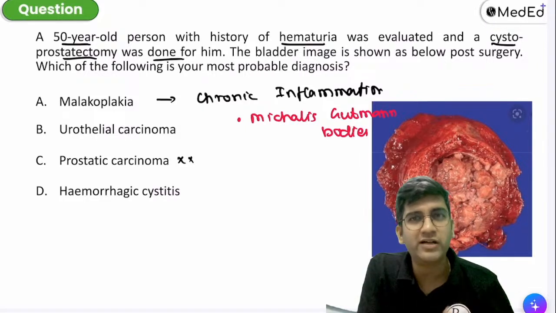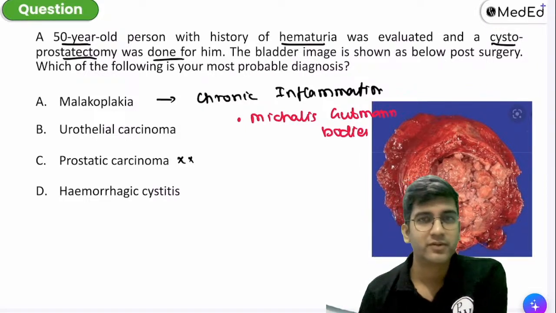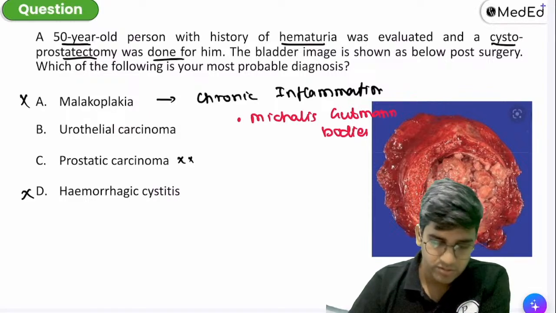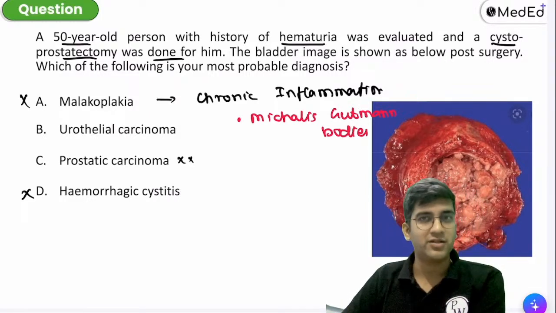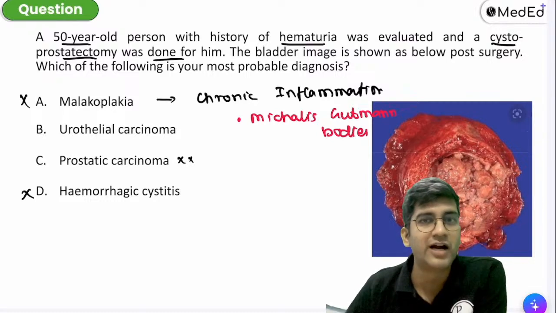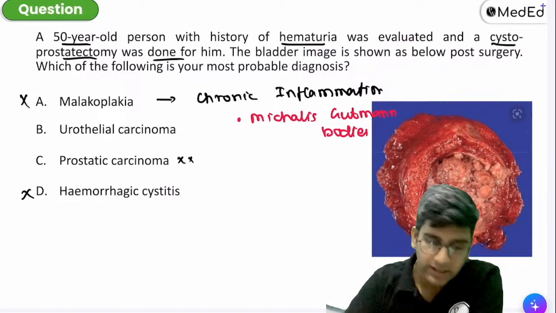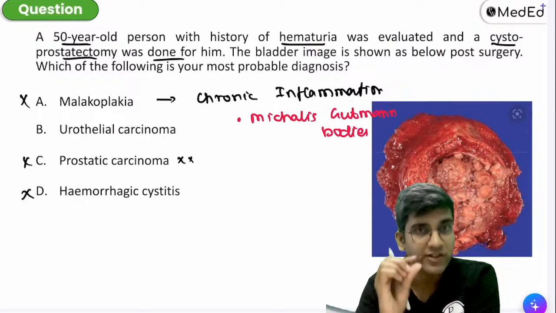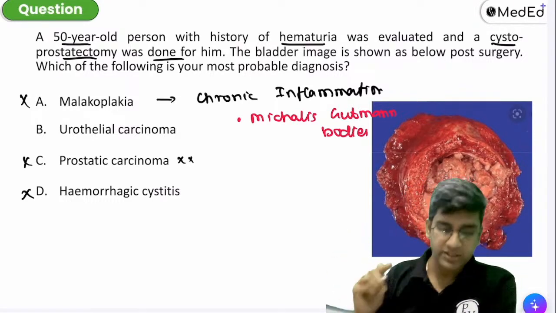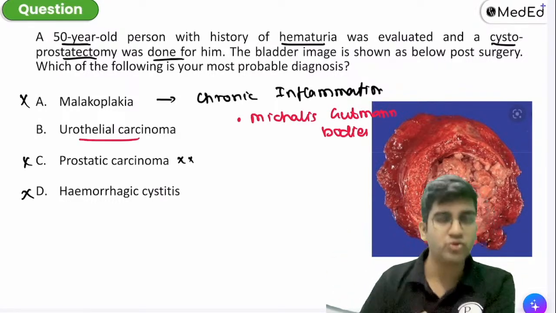Will anyone do it for an inflammation? No. No one is going to remove the bladder and prostate for an inflammatory condition. I will treat with anti-inflammatory drugs or antibiotics if it's a bacterial infection, right? This is already ruled out because the symptom is not there. Just with the first two things, I don't even want the image. There's only one possibility, which is urothelial cancer, right?